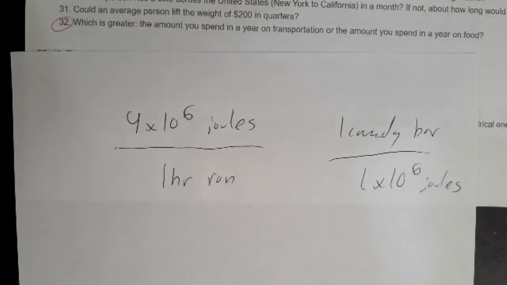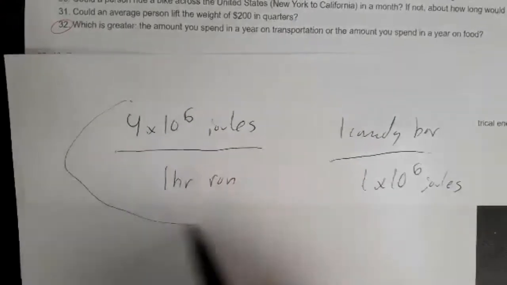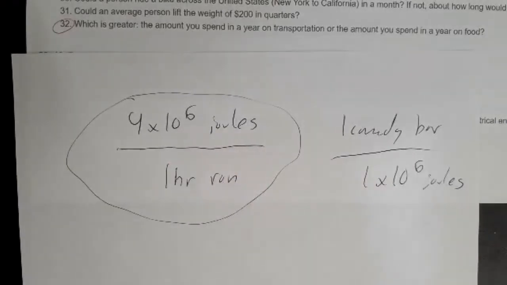they want to know for 8 hours of running. So how would you get to 8 hours of running from this? There's a few different ways to do it, but if 1 hour is going to be 4 times 10 to the 6, how much is 8 hours going to be?